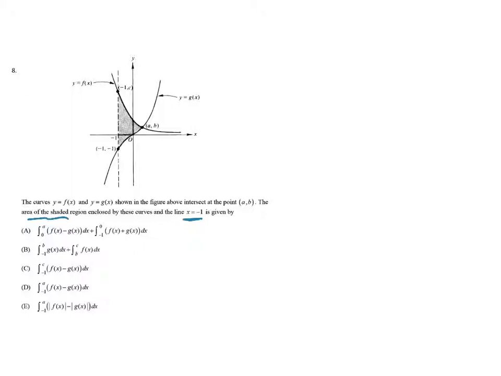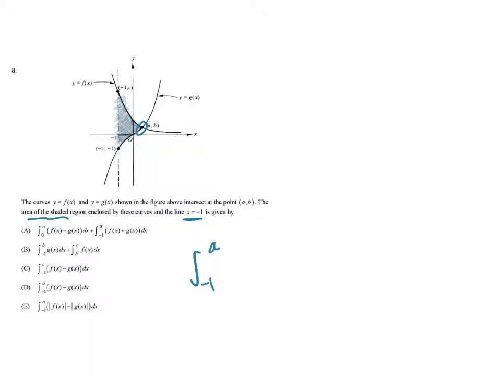So if I'm finding that bounded area, so I'm looking inside this portion here, notice that whenever I integrate, I'm going to be going from, here is going to be negative 1 all the way over to a. So I need to make sure I have negative 1 to a.